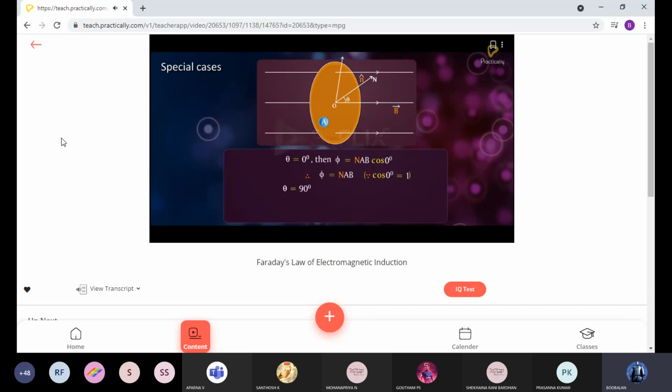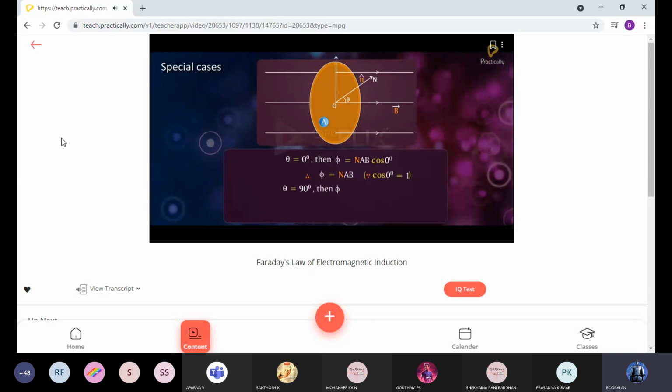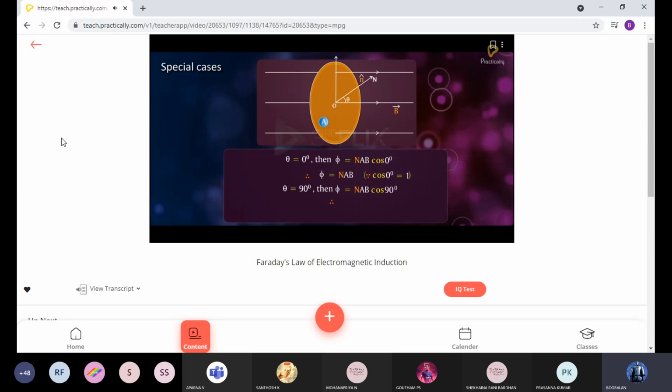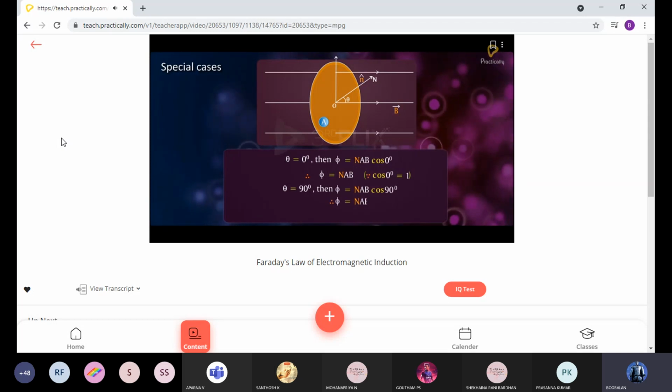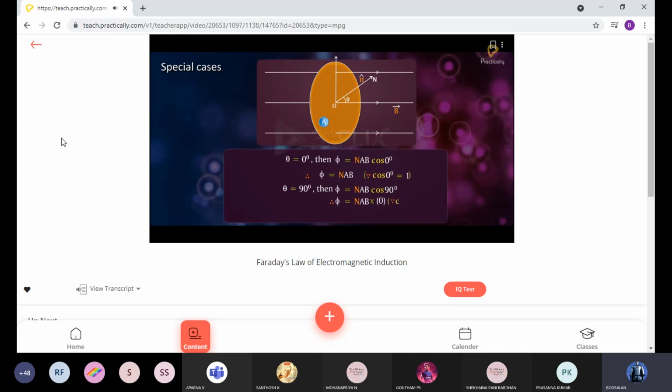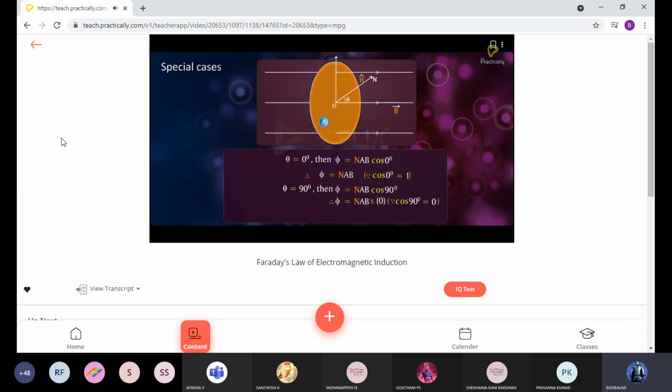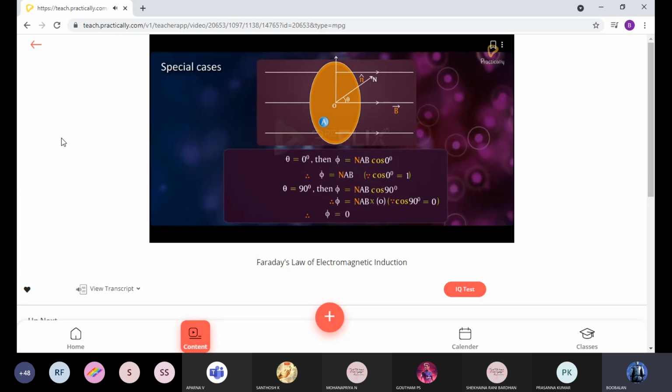If theta is equal to 90 degrees, then phi is equal to NAB cos 90 degrees. Therefore, phi is equal to NAB into 0. Cos 90 degrees is equal to 0. Therefore, phi is equal to 0.